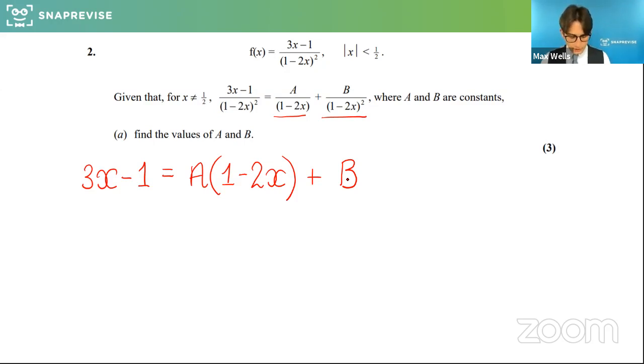The only fraction we've got to change to get that common denominator is this one. This needs to be multiplied by another (1 minus 2x) over (1 minus 2x).